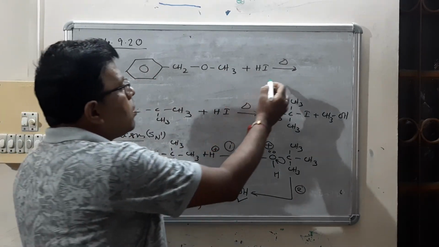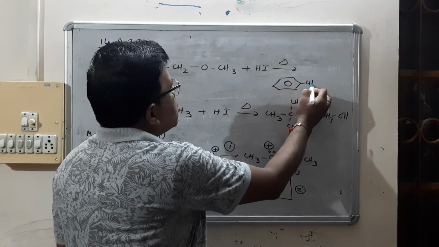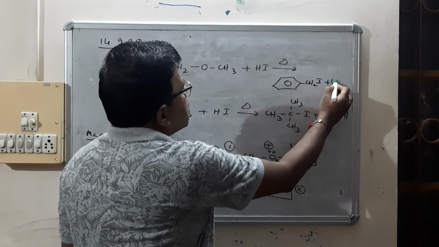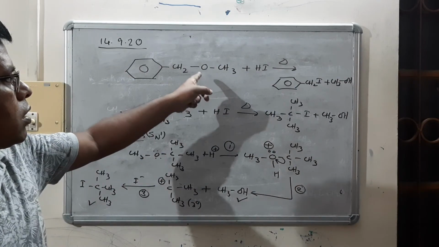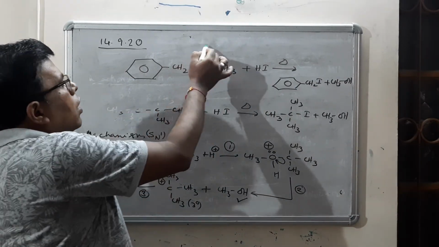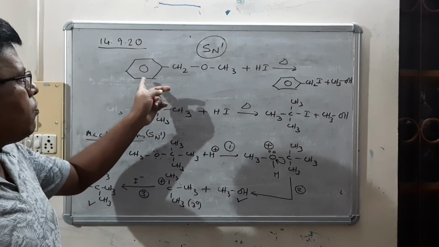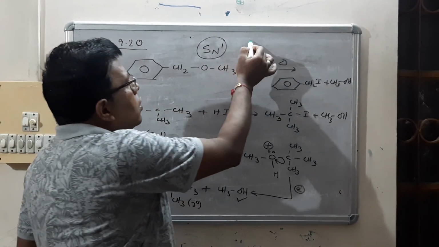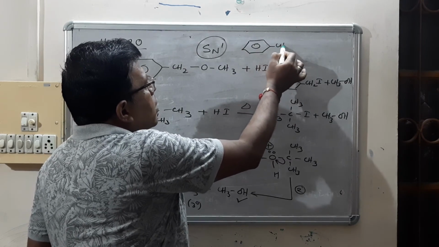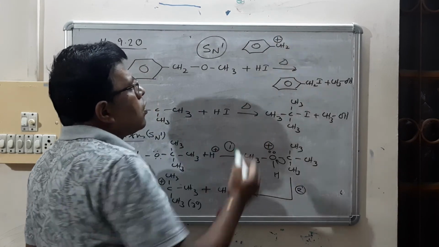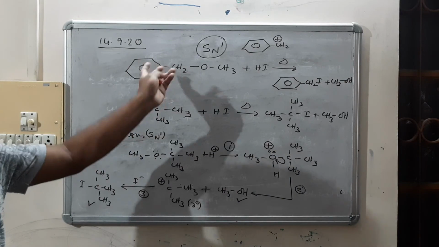The answer here will be CH3I plus the alcohol, and this reaction goes by SN1 mechanism. I am giving you a hint because from this ether, this carbocation which is very stable can be formed. That's why it goes by SN1, and this is the product.